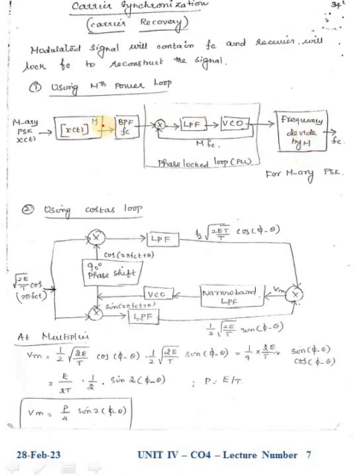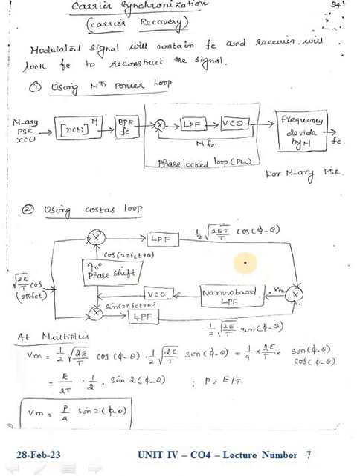For example, if M is equal to 4, the frequency divider divides the output of the VCO signal by 4. From this we can achieve our carrier frequency Fc. In this way we are able to recover the carrier frequency Fc instead of applying Fc at the receiver side. So this is one method of recovering the carrier frequency.